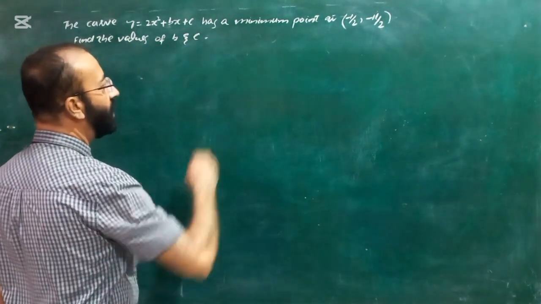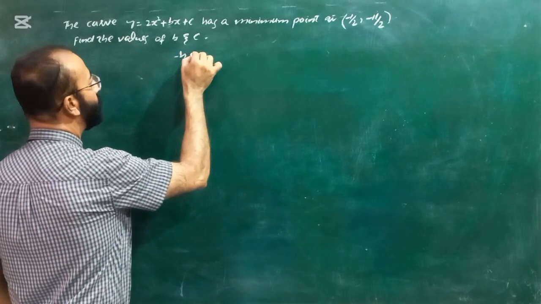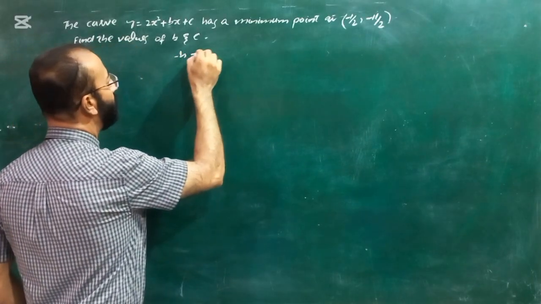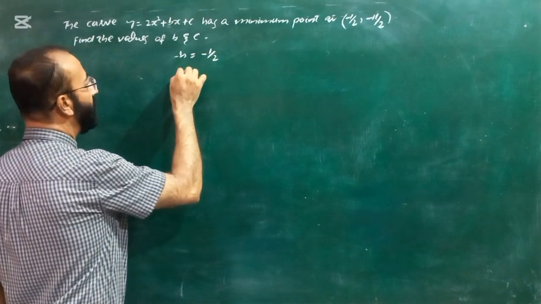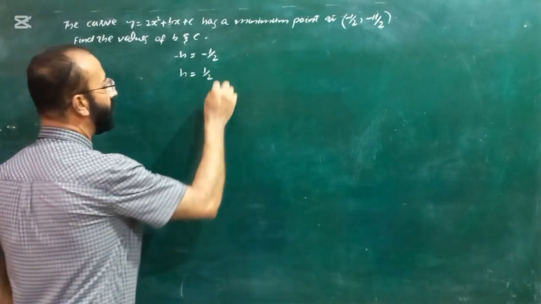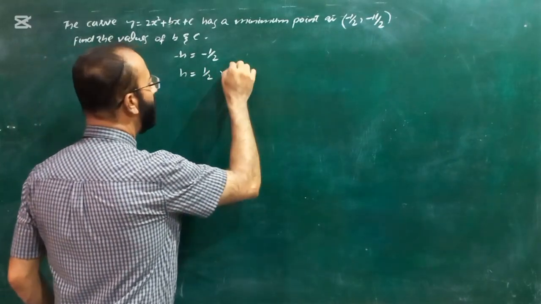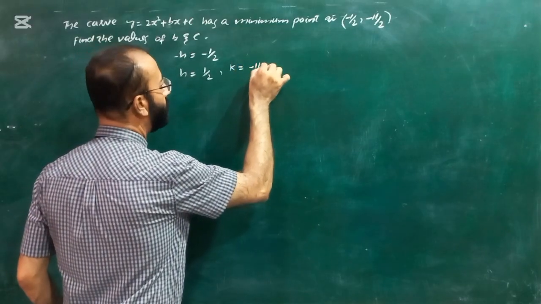Because this is the turning point, it means minus h will be equal to minus 1 by 2. And from here it can be seen that h will be equal to 1 by 2. And likewise k will be equal to minus 11 by 2.